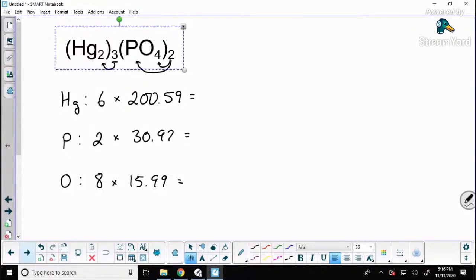Multiply each one of these. 6 times 200.59 will give you 1,203.54. 2 times 30.97 will give you 61.94. And 8 times 15.99 gives you 127.92.